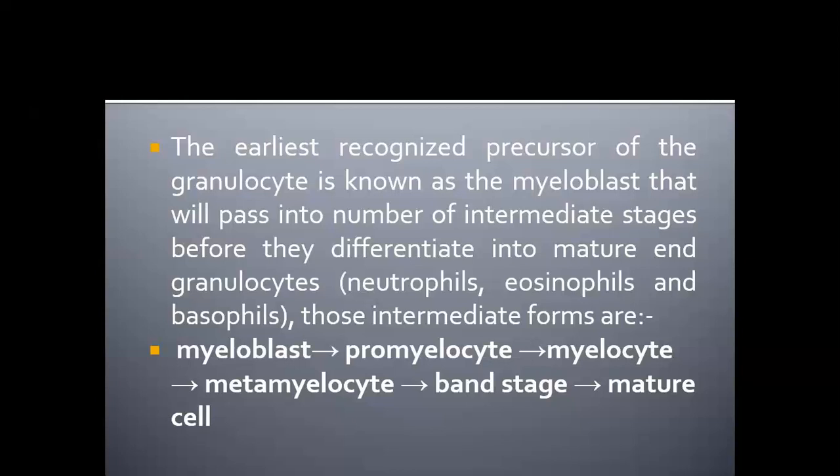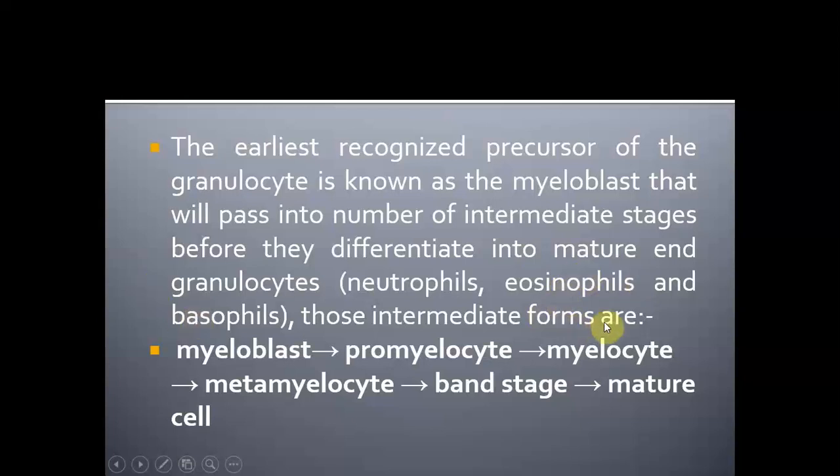The same thing applies for the white blood cells. The earliest recognizable precursor will be what? The myeloblast. It will also pass through intermediate stages before differentiating into mature polymorphonuclear cells or granulocytes, which are neutrophils, eosinophils and basophils.